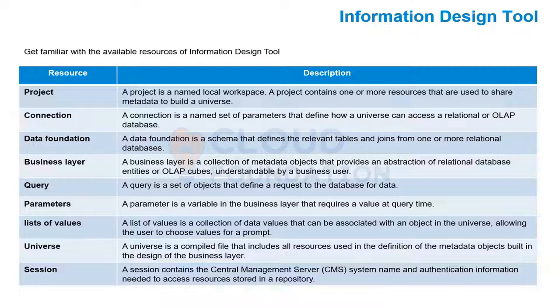They will mention in detail: these are the tables we need for this universe, these are the joins, and these are the objects we need. Sometimes the objects and formulas we might need to create ourselves, or based on other discussions with our team leader, manager or architect, we will go ahead and create.